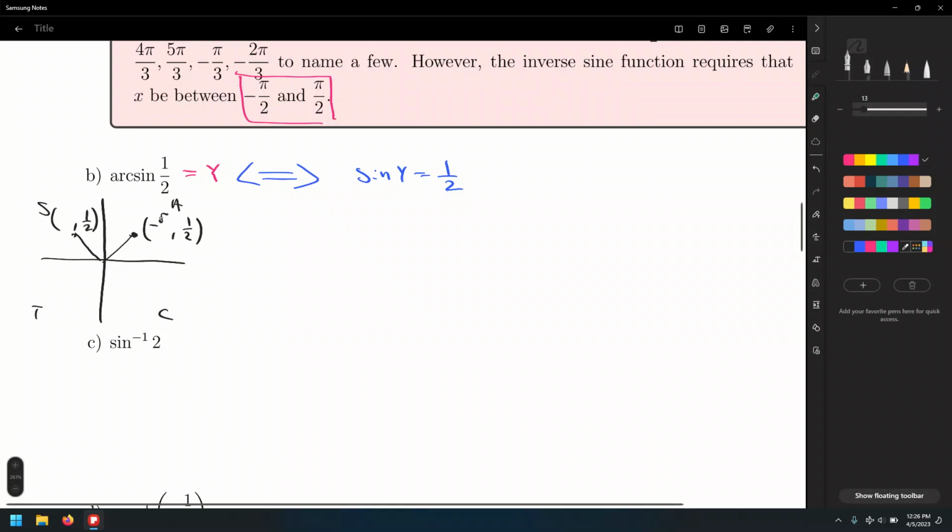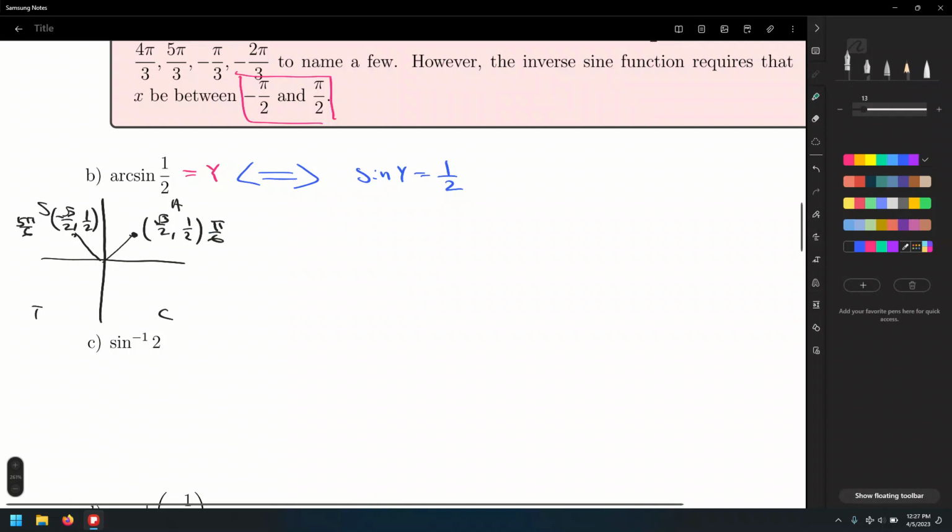For the first point, root of 3 over 2, and negative root of 3 over 2. What are those angles, by the way? I believe this is a 60-degree angle and 150, which is in this case pi over 6 and 5 pi over 6.